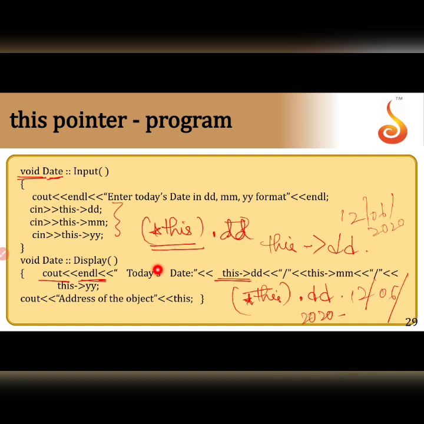So dd, mm and yy. And I'm using an arrow because I'm using a pointer there. With the help of a pointer, I can access the data member in two ways, either star this dot dd or I can say this arrow dd. So dd, mm, yy. Please have a look.